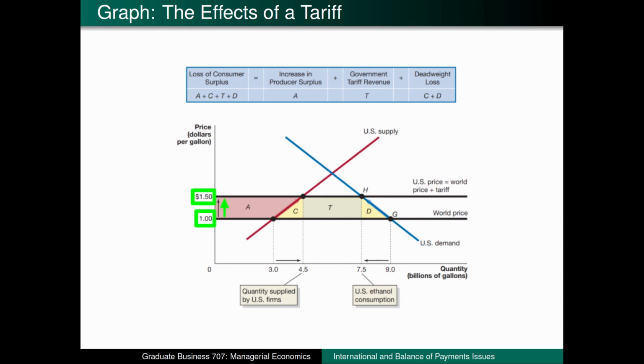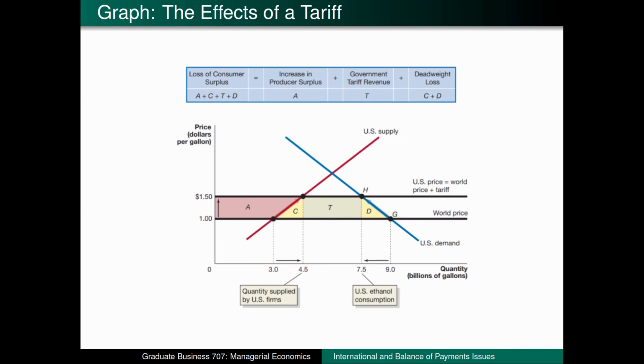Notice that this tariff increased the price of ethanol, which means that this trapezoid A used to be part of consumer surplus, but is now part of producer surplus, which is again the area above the supply curve and the new market price of $1.50. In other words, part of the impact of the tariff is that it transferred some consumer surplus to domestic producers, so American companies are happier.